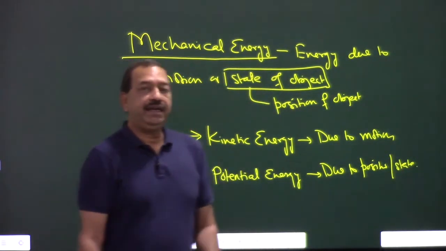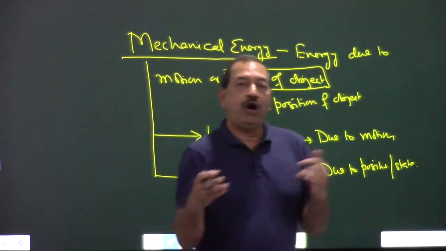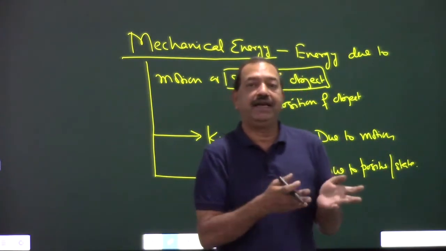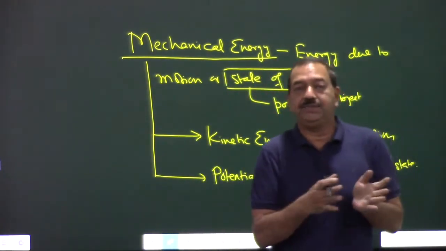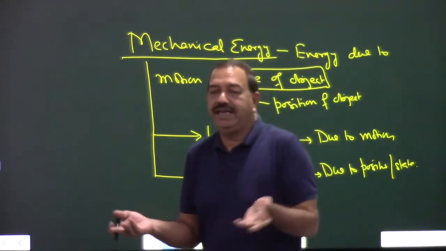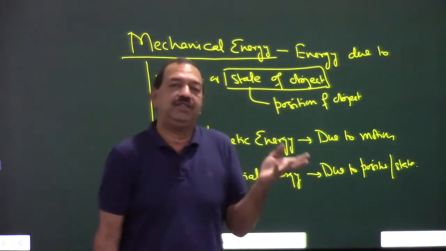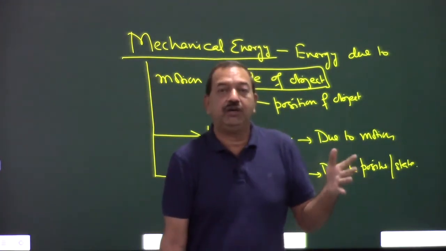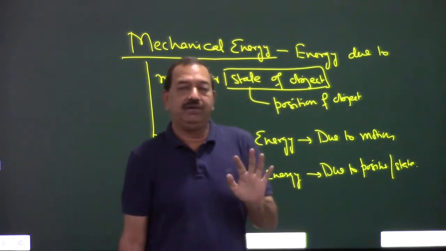So the kinetic energy is due to motion of object. If an object is moving, then it possesses kinetic energy. Kinetic energy is possessed only by the moving object. If the object moves in any direction, that doesn't matter, it must have a speed. Doesn't matter what the displacement is, what the direction of motion is, it just has a speed.